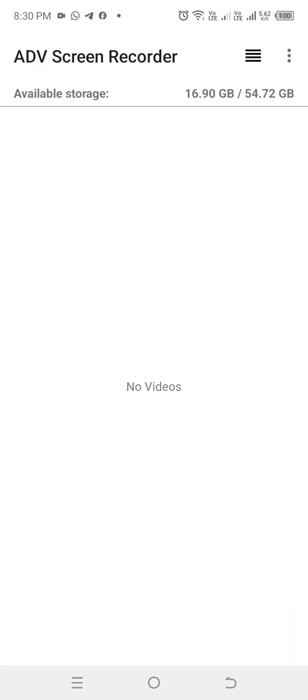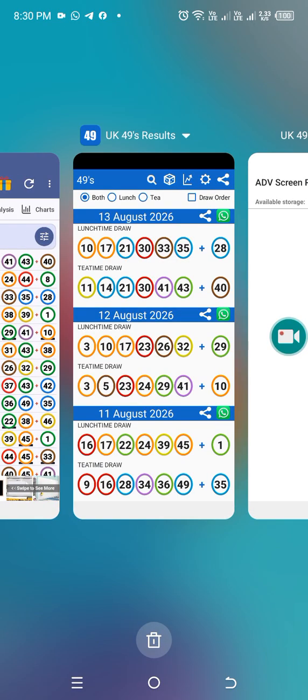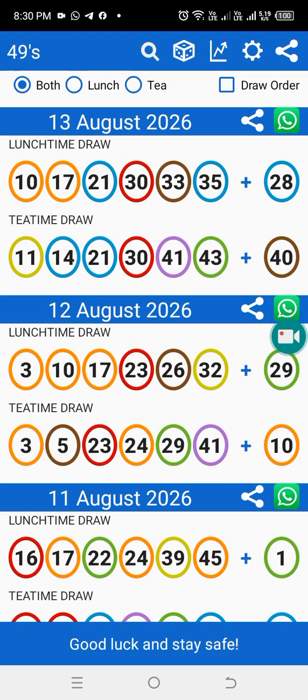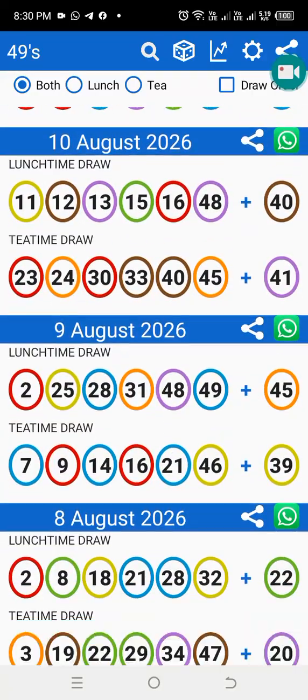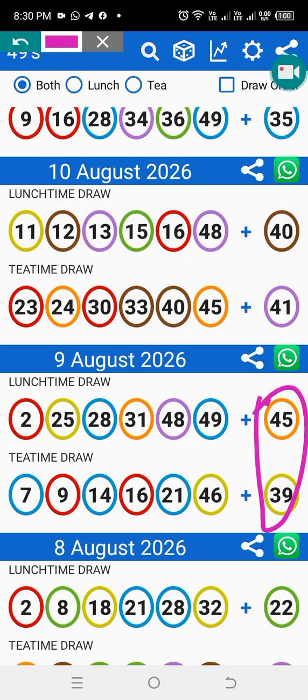In a numerical order, we start with on 10, on 9 in numerical order. Let's check what's happened on 9 in numerical order, if it's working as well.